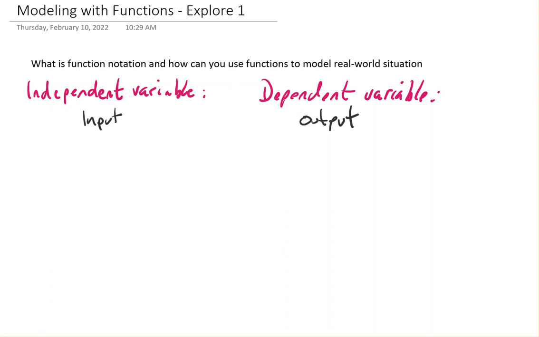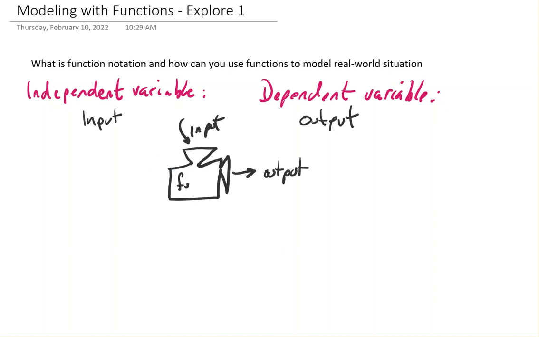Okay, and I take you back to my little machine, the one that I drew. This machine is going to take in input, and the input goes in it, and then what comes out is the output. Something happens in here that we call a function, and we still don't know what it is.